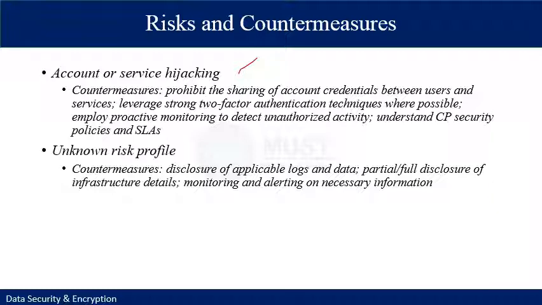For example, employees may deploy applications and data resources to the cloud provider without observing the normal policies and procedures for privacy, security, and oversight. The countermeasures are disclosure of applicable logs and data, partial and full disclosures of infrastructure details, and monitoring and alerting the necessary information.